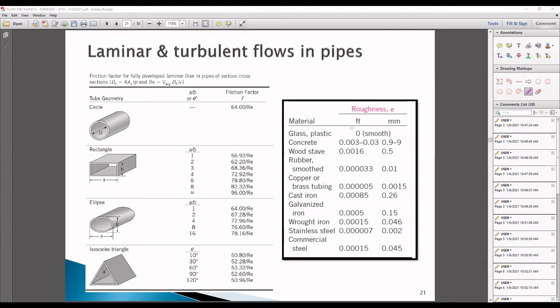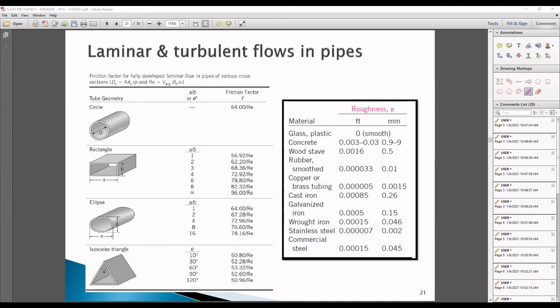And again, if we want to see the roughness of a particular material, then you can refer to this particular table, which I took from the book of Cengel and Cimbala.